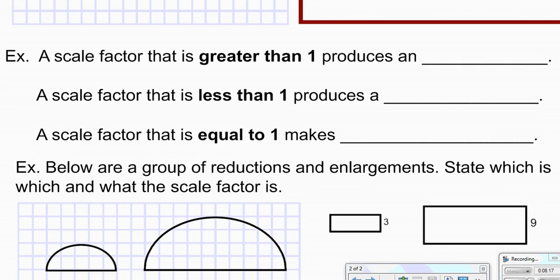Okay, so a couple rules. You might want to star these just to help you remember. The nice little thing to help you remember is that if you have a scale factor that is greater than 1, so larger than 1, you are going to get an enlargement because you are multiplying it by something bigger than itself.